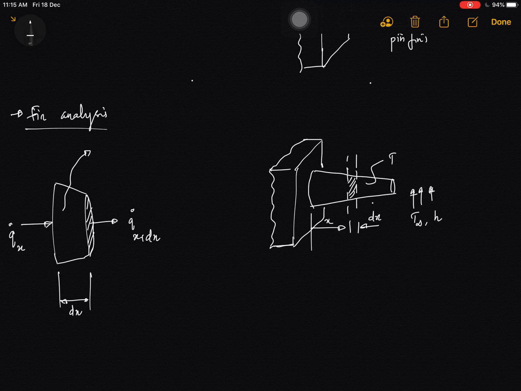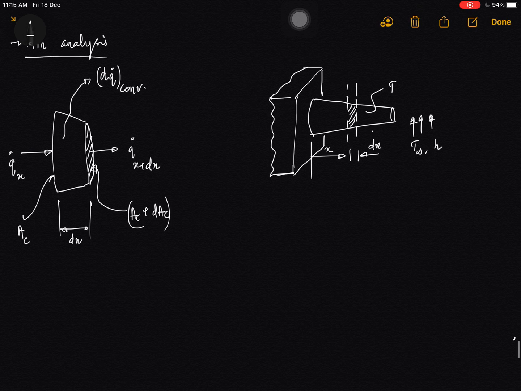and the heat transfer by conduction that is leaving the element is q_(x+dx). Along with this conduction heat transfer, there is some convective heat transfer occurring from this small element, dq convection. Here we have the cross-sectional area Ac, and here we have Ac plus dAc.